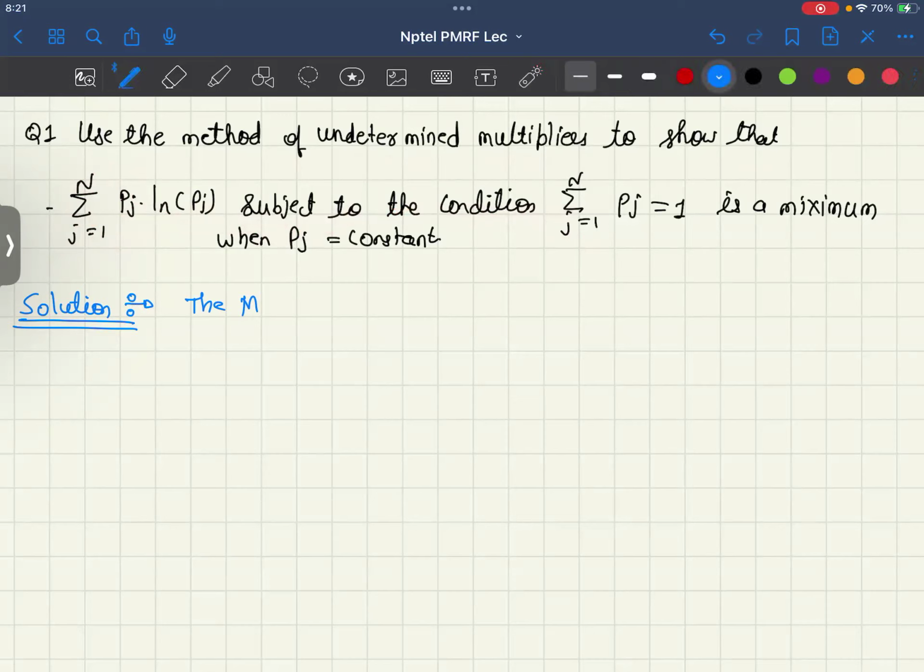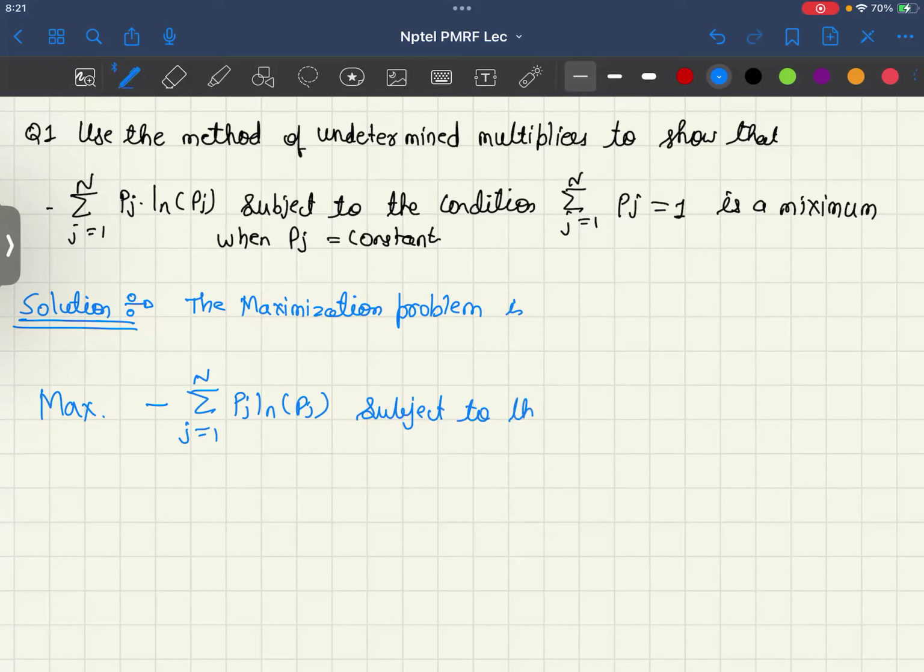Okay. The maximization is: maximize minus summation j equals 1 to n of pj ln pj, subject to the condition that summation j equals 1 to n of pj is equal to 1.